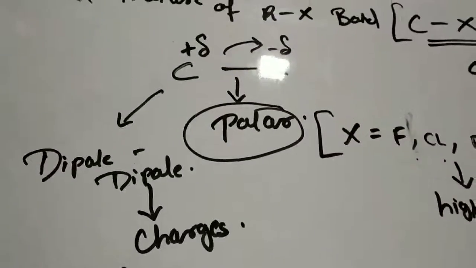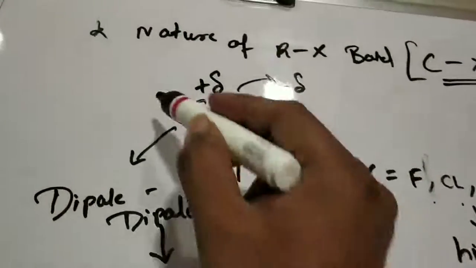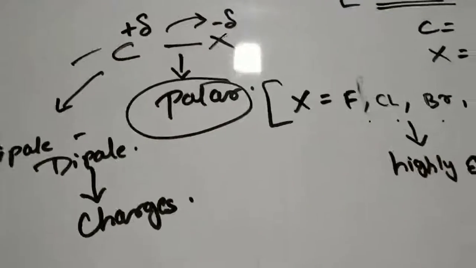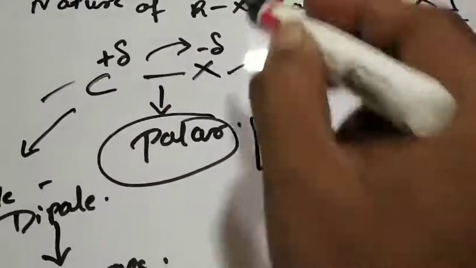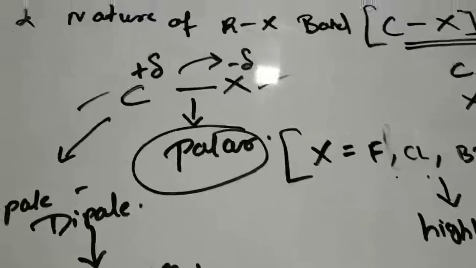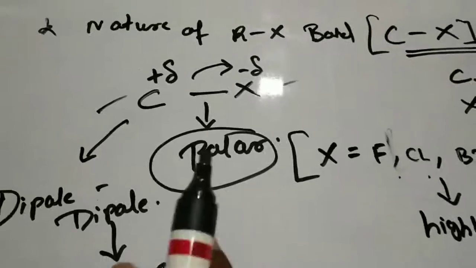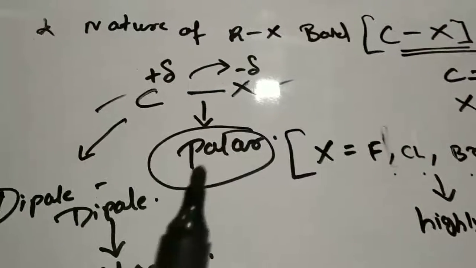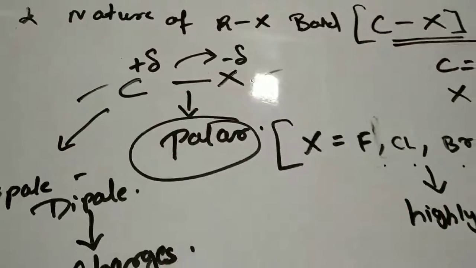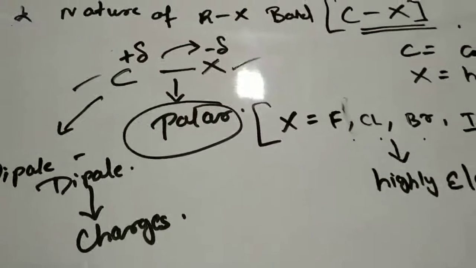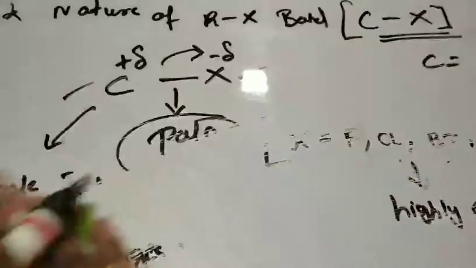So due to this development of charge, there will be a slight positive charge on the carbon and a slight negative charge on the particular X, that is the halogen atom. So you have to understand this question, nature of RX bond or nature of CX bond, which is very, very important and is asked many times in the board exam.